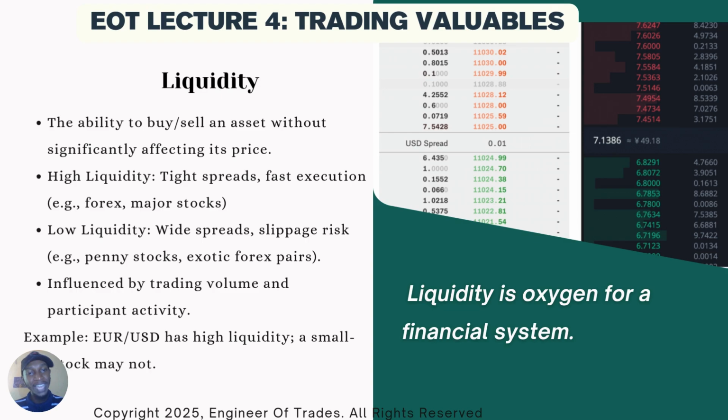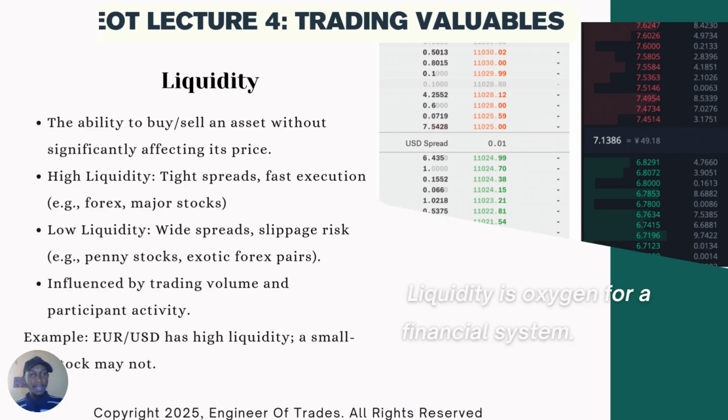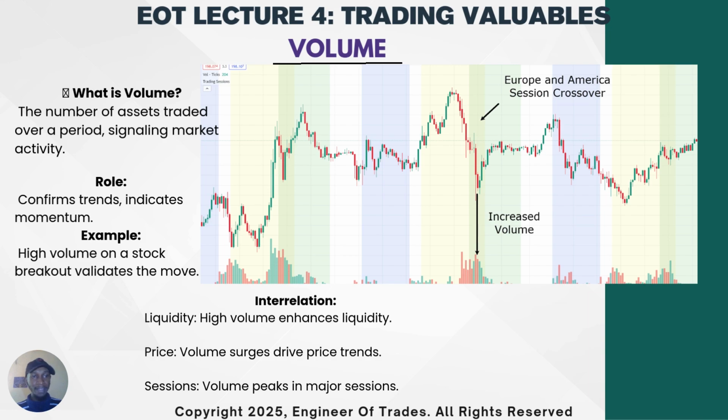So you already have a deviation of 15 points from the price you wanted to be filled at and the price that you've been filled at. But to avoid that, you have to trade during those times when there is high liquidity. Very well. We move on to the next slide.